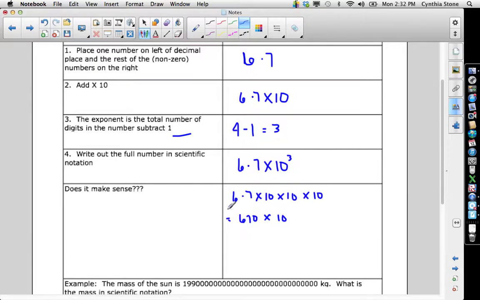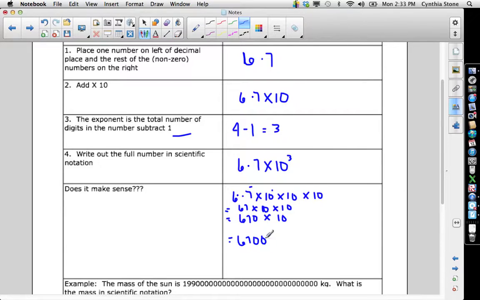Oops, I missed a step. That equals 67 times 10 times 10. Right? So I did this multiply, and that gives me 67 with 2 10s left over. Then I do this multiply with 1, and I end up with 6,700. Okay? You don't have to do the backwards, but that's what it is.